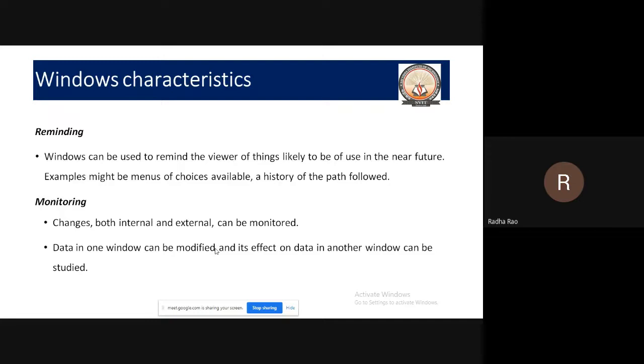Correct? I think you have studied this in the database. If we modify one table, the changes have to be reflected in the other table because we will have the primary key and the foreign key. Link will be established. Correct. Similarly, a window can be monitored. If data in one window is modified and it is affecting the data in another window, that has to be monitored.